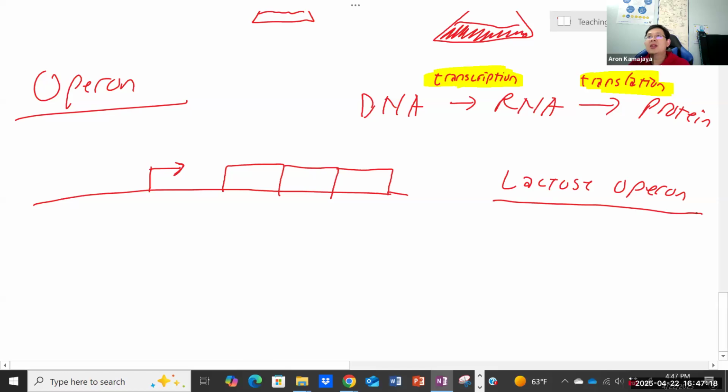So the system that we use is the lactose operon, which means the molecule that switches the gene on and off is lactose or some analog of lactose, a molecule that has a similar function or can be recognized by the protein in a similar way.